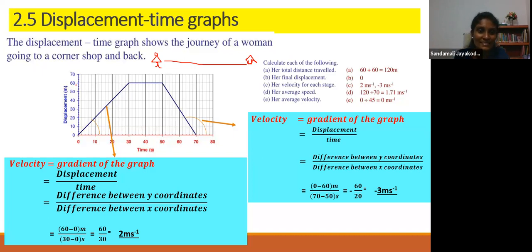So what is this distance to the shop? 60 meters. She has moved 60 meters. And how much time did she spend? 30 seconds. It has taken 30 seconds to go there. And what is the time interval she has spent in the shop, staying at rest?